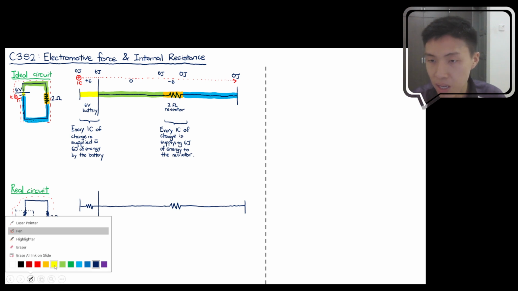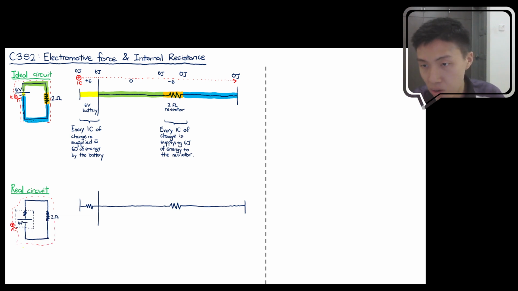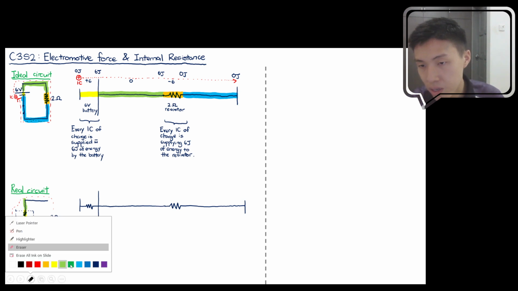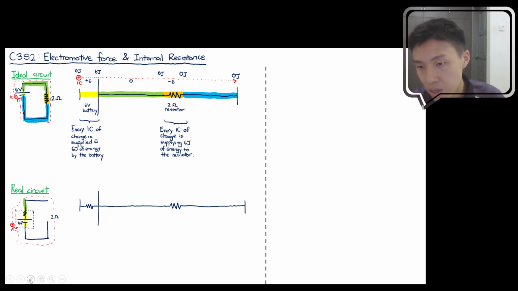So again, let me label what happened. This is your yellow section. Coming out from the battery, you have your green section. Sorry, green is not supposed to continue until here.